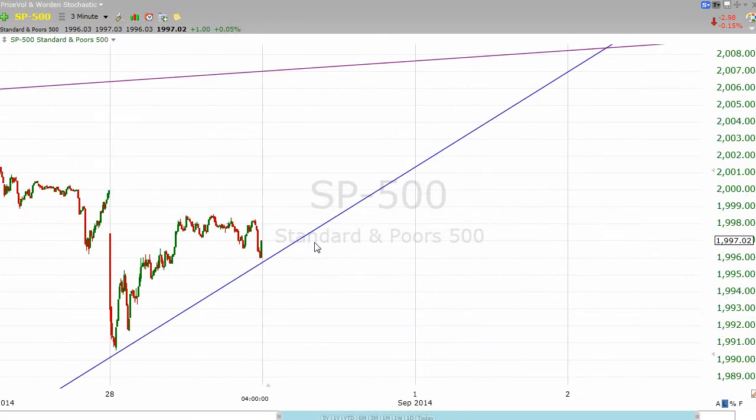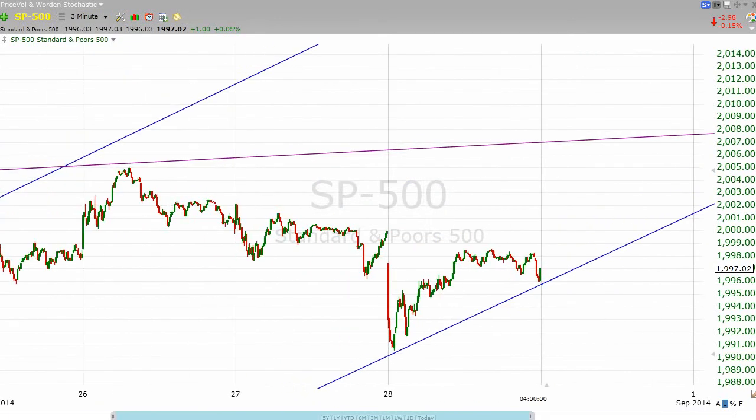If you look at things like on a 3-minute chart, I think you can kind of see some resistance here, maybe thusly. If that's the case, and this is a good resistance line, we may not break this line.